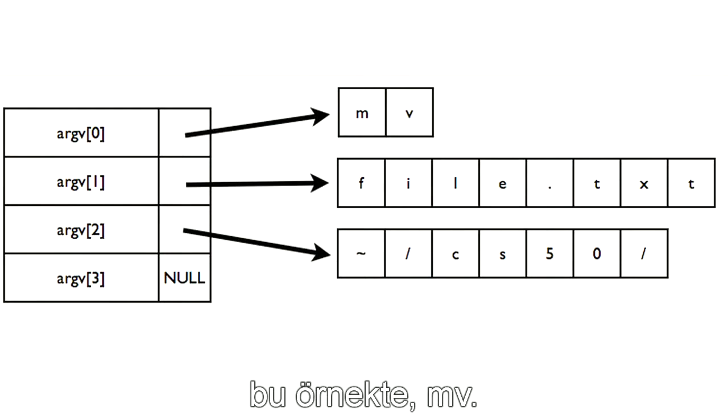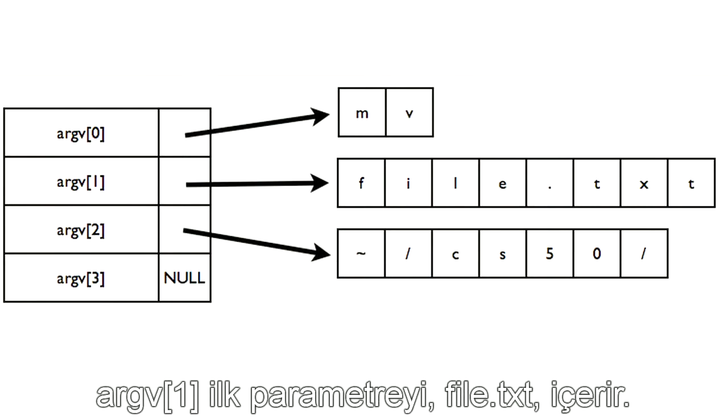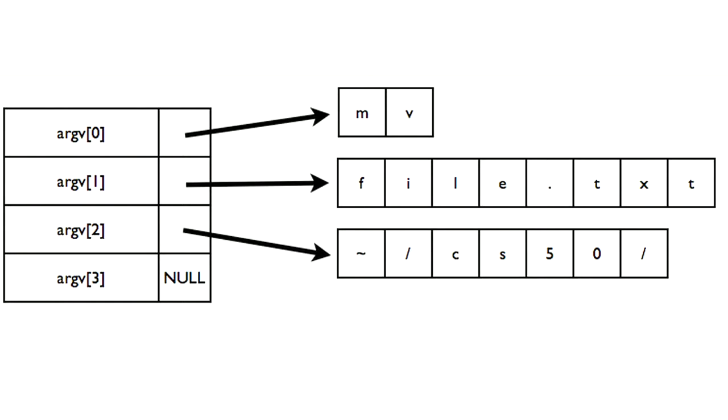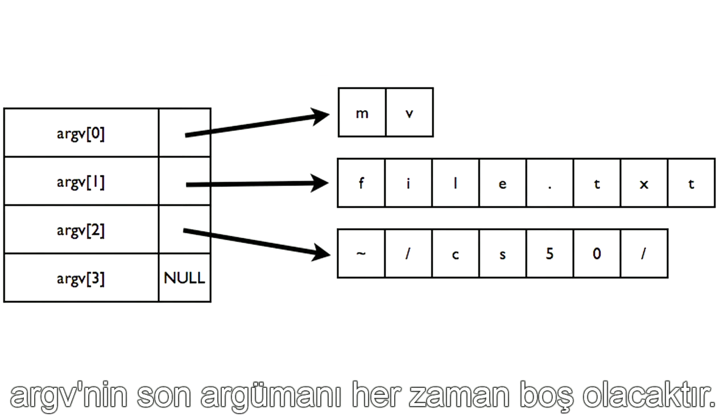In this case, mv. argv1 will contain the first argument, file.txt, and argv2 will contain the second argument, ~/cs50/. The last argument of argv will always be null.